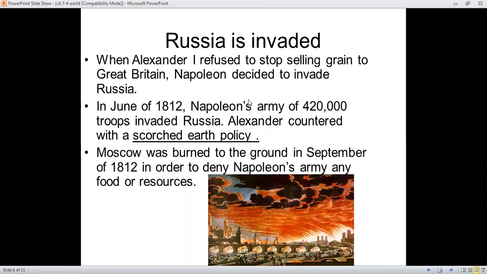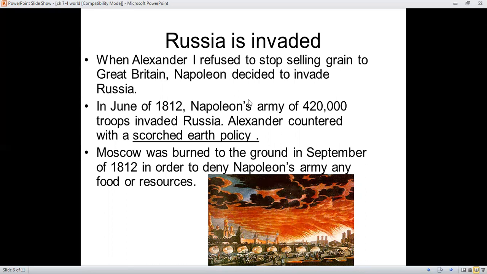Now, the third costly mistake was invading Russia. Alexander I, the Tsar of Russia, refused to stop selling grains to Great Britain as part of the continental blockade. So Napoleon decided to invade Russia. In June 1812, Napoleon's army, which was at that time made up of 420,000 soldiers, invaded Russia.